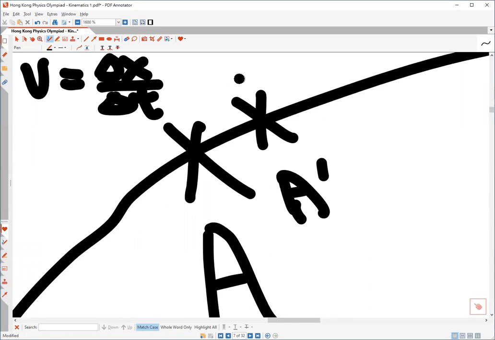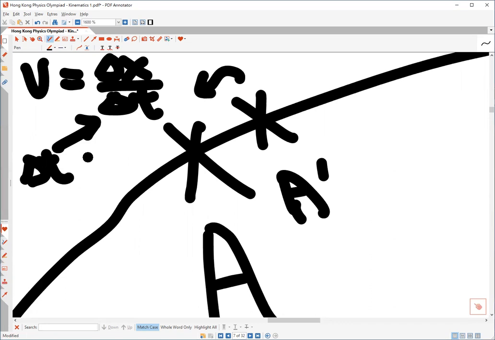When point A prime moves closer to point A, that means you take the time interval smaller and smaller, and then the velocity you calculate here is closer to the velocity at point A. So that means you are taking delta t tends to zero, but not equal to zero. When delta t tends to zero, the delta x, that means the displacement, will also tend to zero.